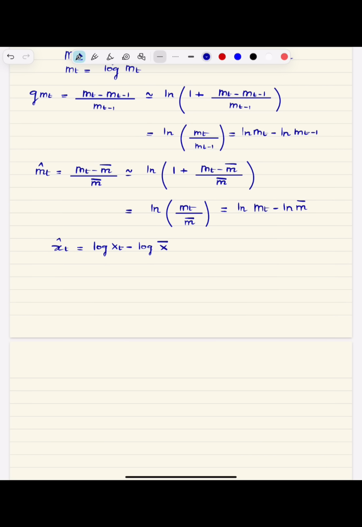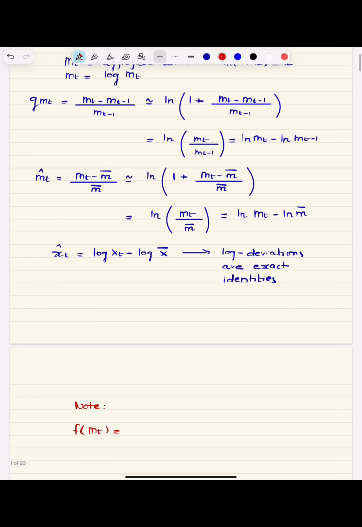Okay, and remember these log deviations are exact identities, which means that you don't really need to do a Taylor expansion.